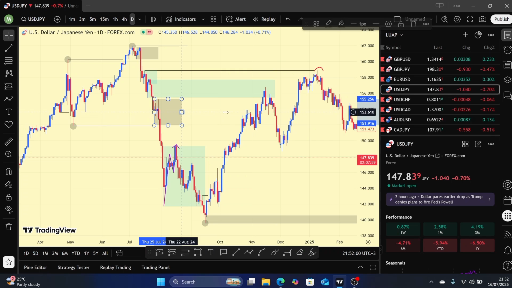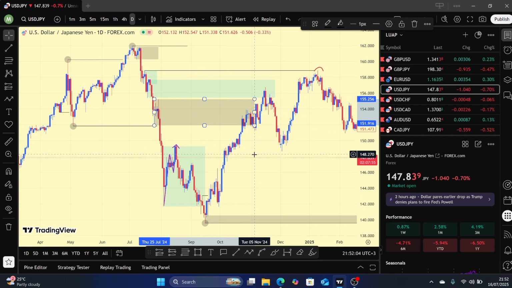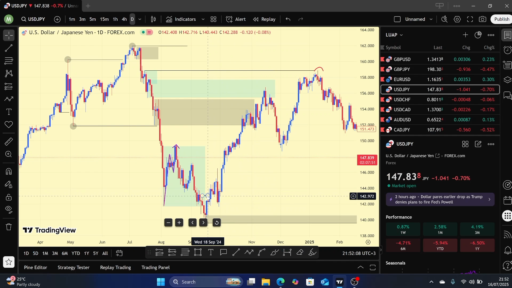You can see this here is unmitigated, and this is now the unmitigated POI or the unmitigated order flow that is right after the inducement is taken out, because this here was mitigated and this one is unmitigated, and it is right after our major inducement. And they said that the decisional POI is the one that is right after.